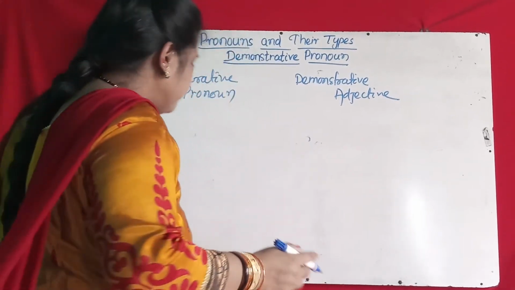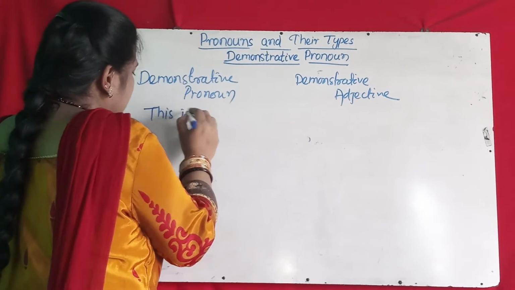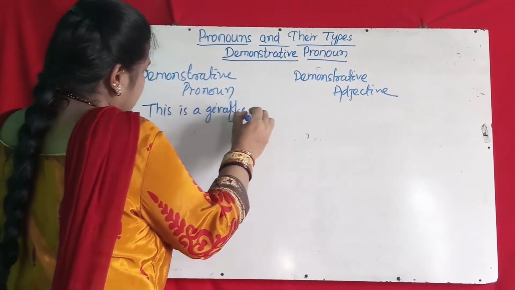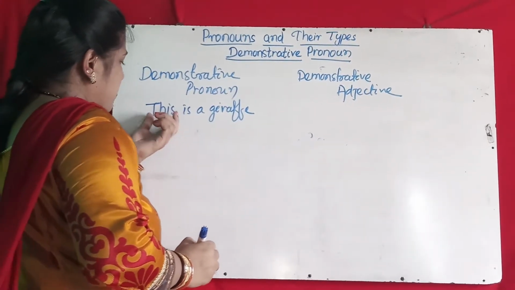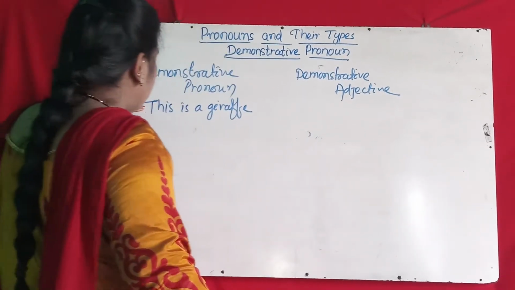Let's see. Suppose we write, this is a giraffe. So it is used in place of a noun, and then it is called a demonstrative pronoun.